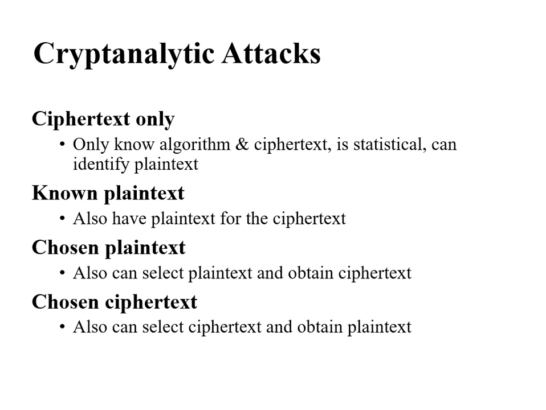The analyst's goal in this case is to discover the key used to encrypt and decrypt the message. Once the key is discovered, an attacker can decrypt all messages that have been encrypted using the key.